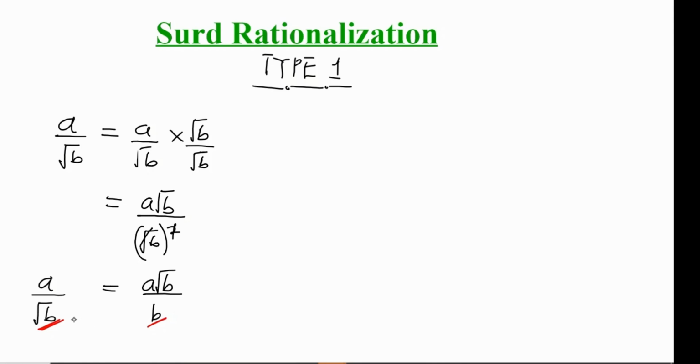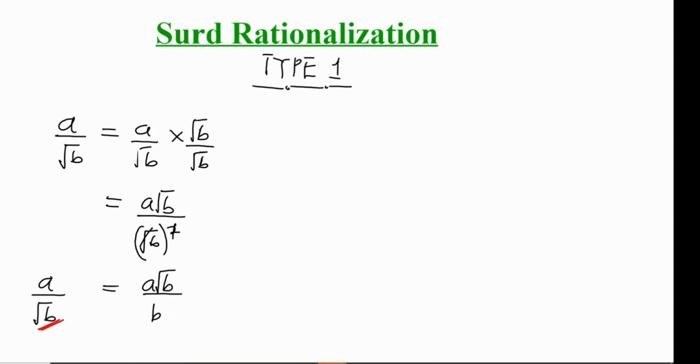Because it is considered improper to leave the denominator of a fraction as a surd, we have to rationalize so that it doesn't remain a surd but becomes a rational number. And b is not a surd but a rational number. So this is what we mean by surd rationalization, emphasizing rationalizing the denominator of a surd.